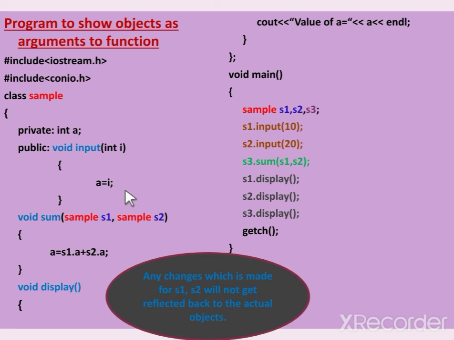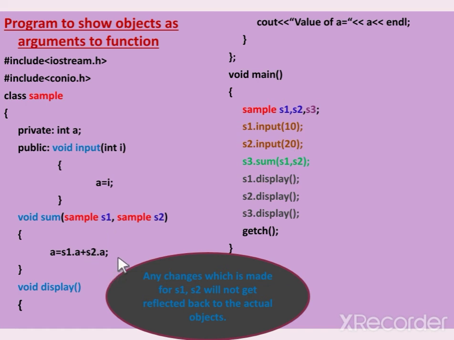Next, S3 dot sum of S1, S2. Where will the control go now? To the sum function. Sum of sample S1, sample S2. Here S1 means value 10, S2 means value 20.